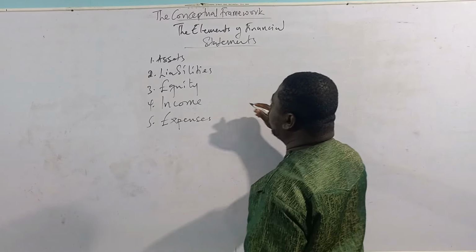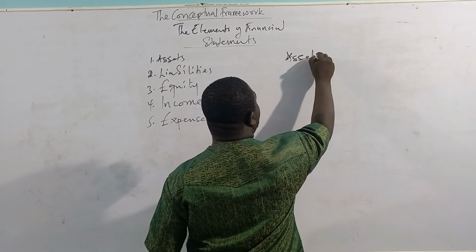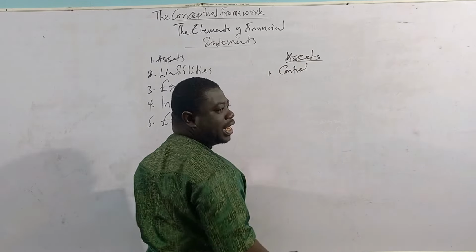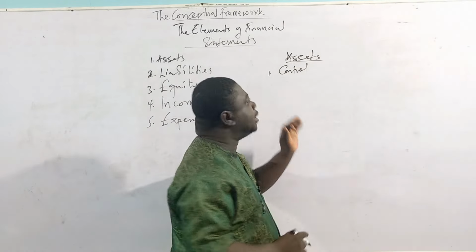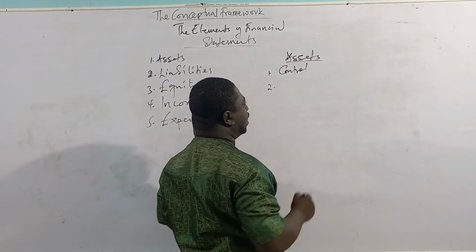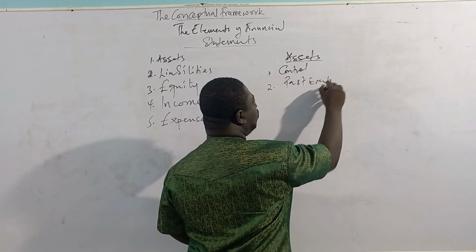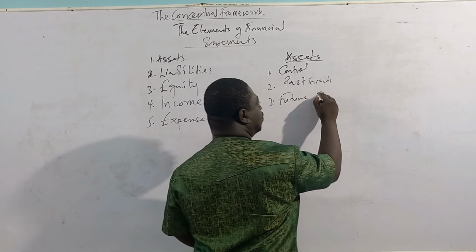So when you talk about an asset, you are mentioning some keywords in the definition. The first one is the element of control, that it's an economic resource controlled by an entity. The second one is that it came as a result of past events. And the third keyword is future economic benefits.